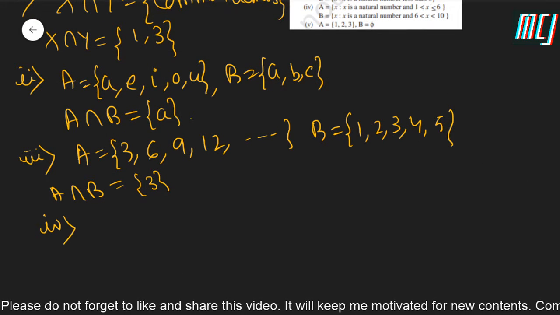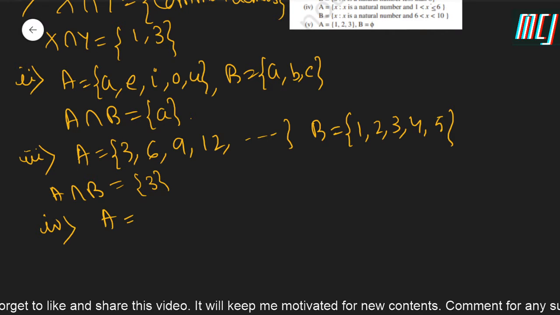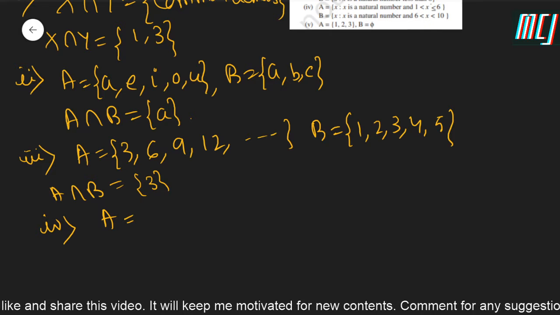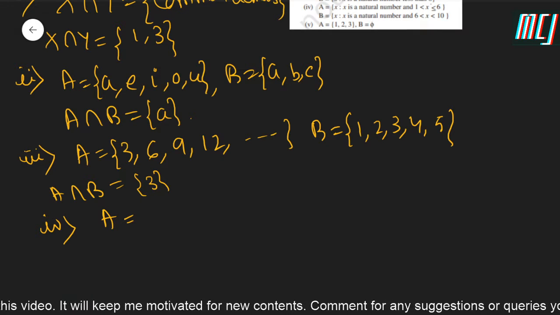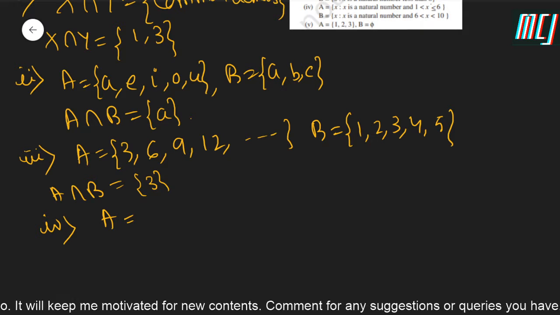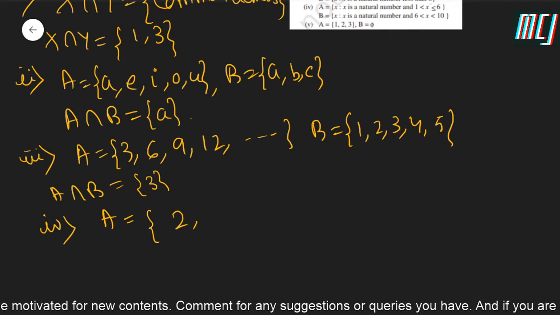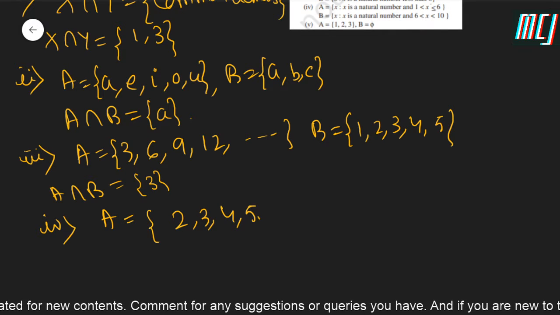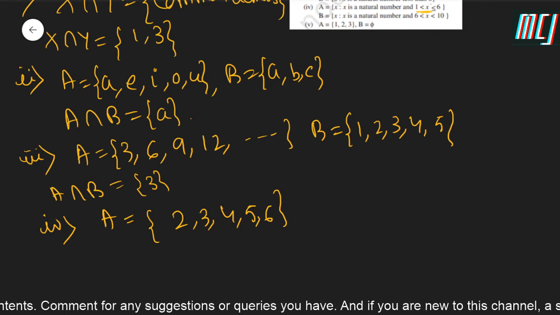The fourth one says A is equal to x such that x is a natural number and 1 less than x less than or equal to 6. Clear? So A will be 2, 3, 4, 5, 6 because the equality sign is not there on 1.